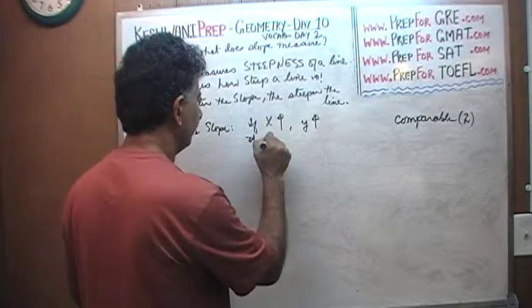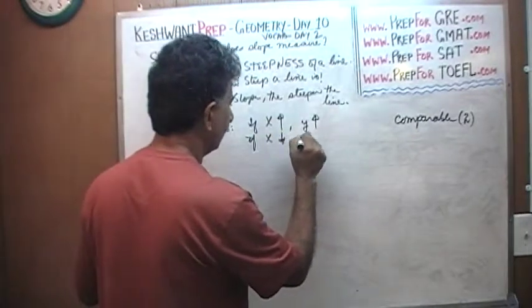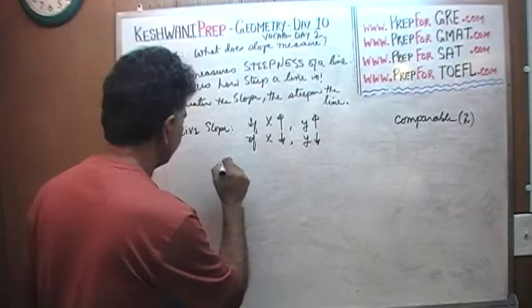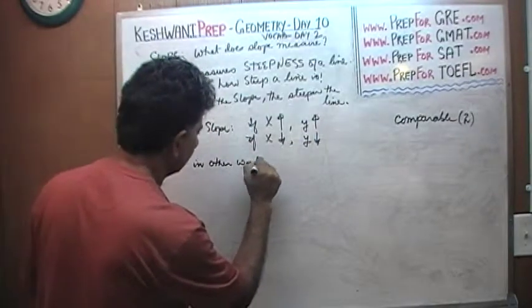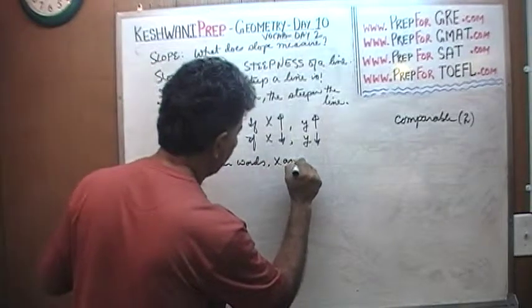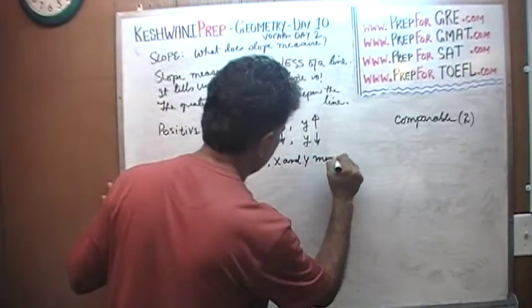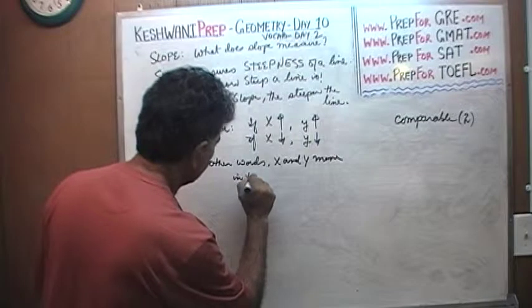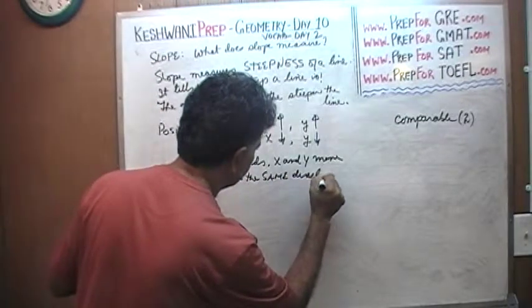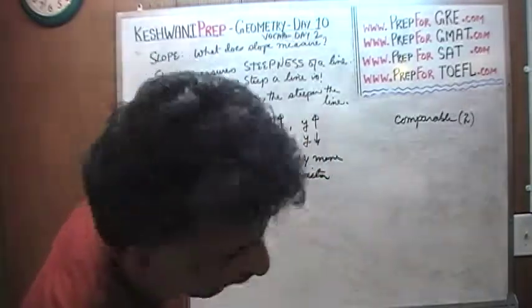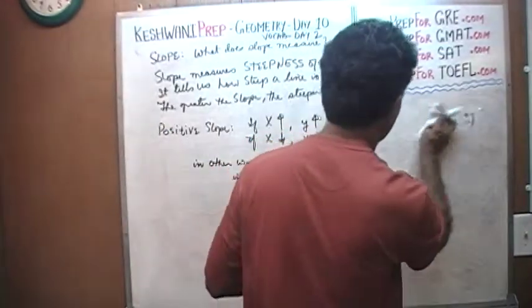And if x goes down, then y goes down. In other words, x and y move in the same direction. Let me show you an example of x and y moving in the same direction, which we already saw.